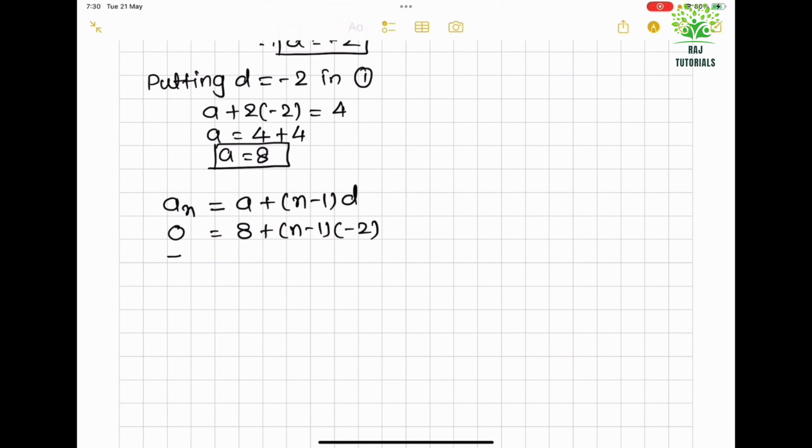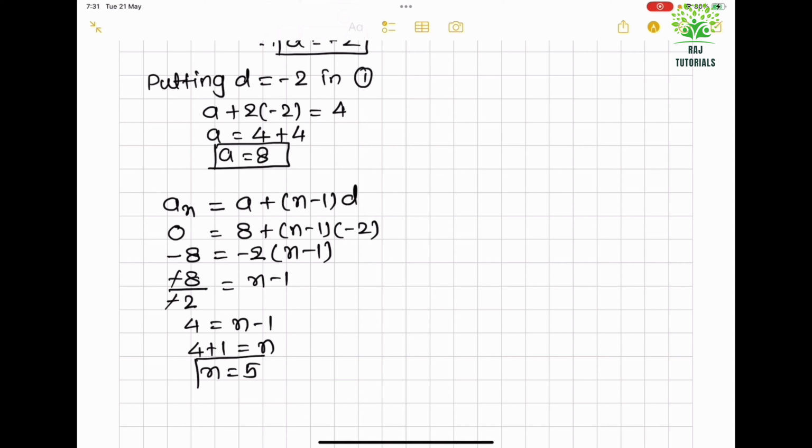So into minus 2. So minus 8 equal to minus 2 into (n minus 1). So can I say minus 8 upon minus 2 equal to n minus 1? So 4 equal to n minus 1. So 4 plus 1 equal to n. So n is 5. So fifth term of the AP will be 0.